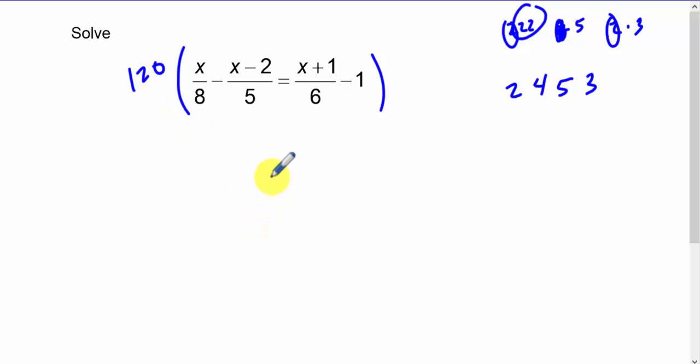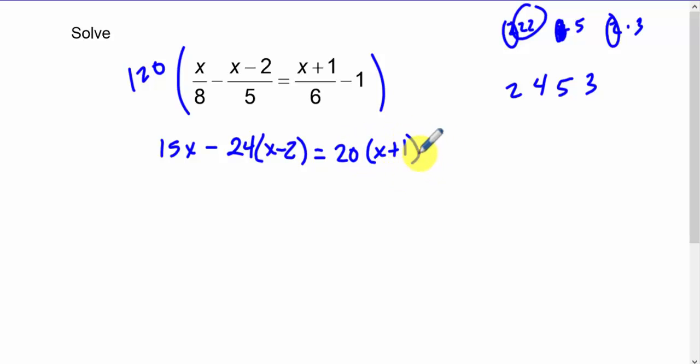And if I take 120 and divide that by 8, that's going to get me 15. 120, and I divide that by 5, and I'm going to get 24. 120 divided by 6 gets me 20. And then 120 times 1 is 120.